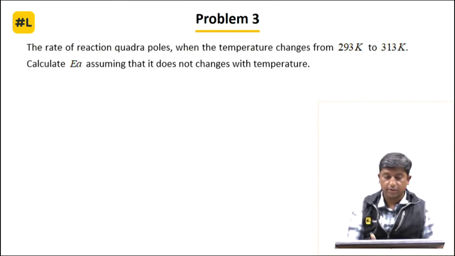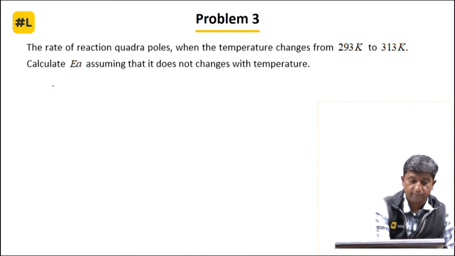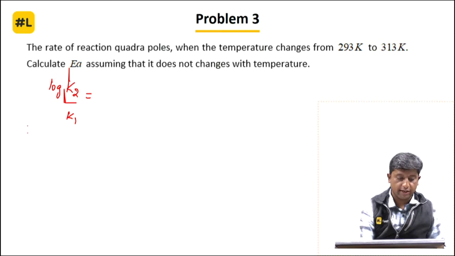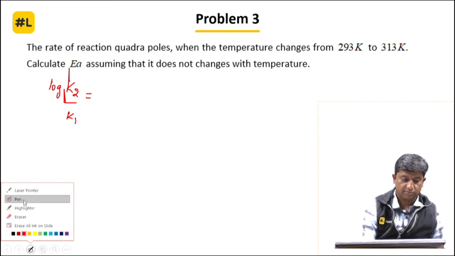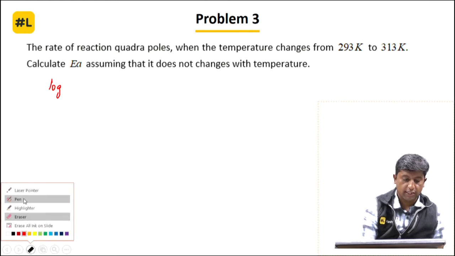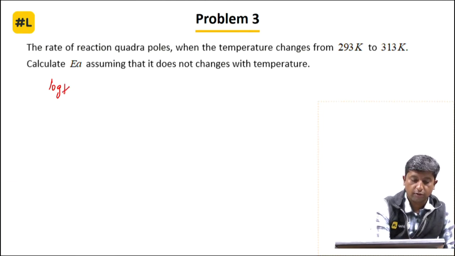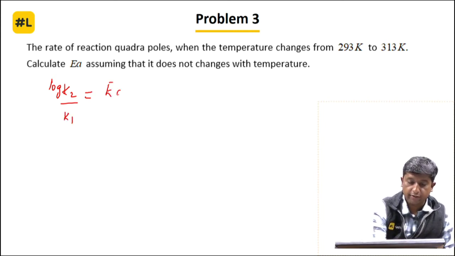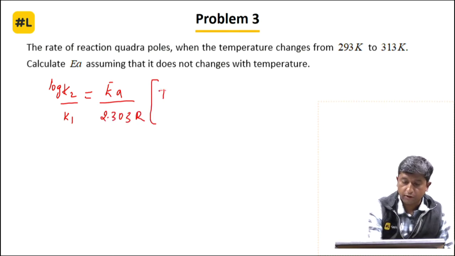For this particular problem, the equation which we are going to follow is log of K2 divided by K1 will be equal to EA divided by 2.303 R into T2 minus T1 divided by T1 T2.